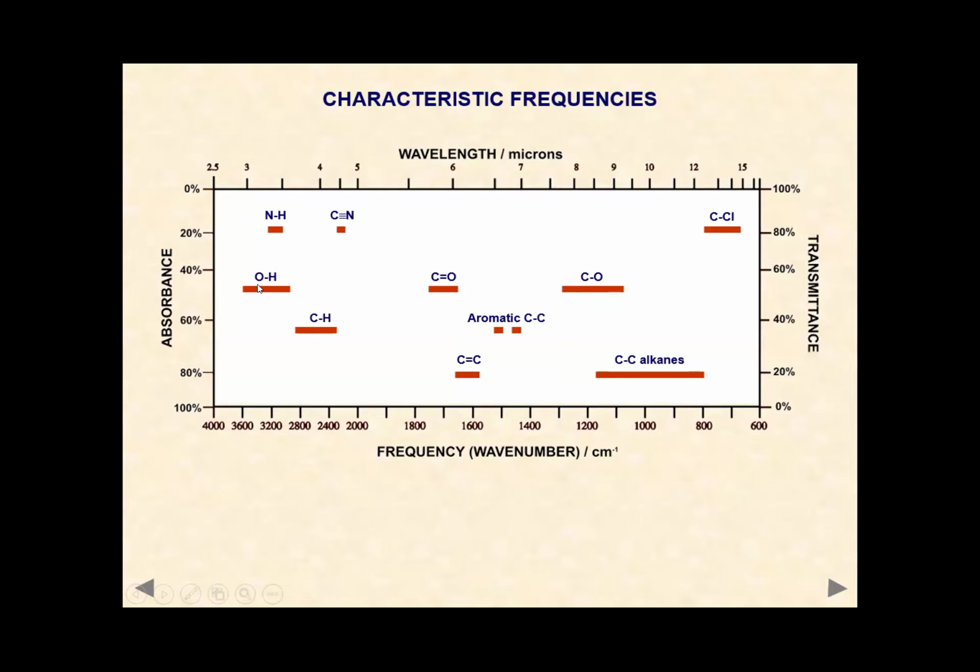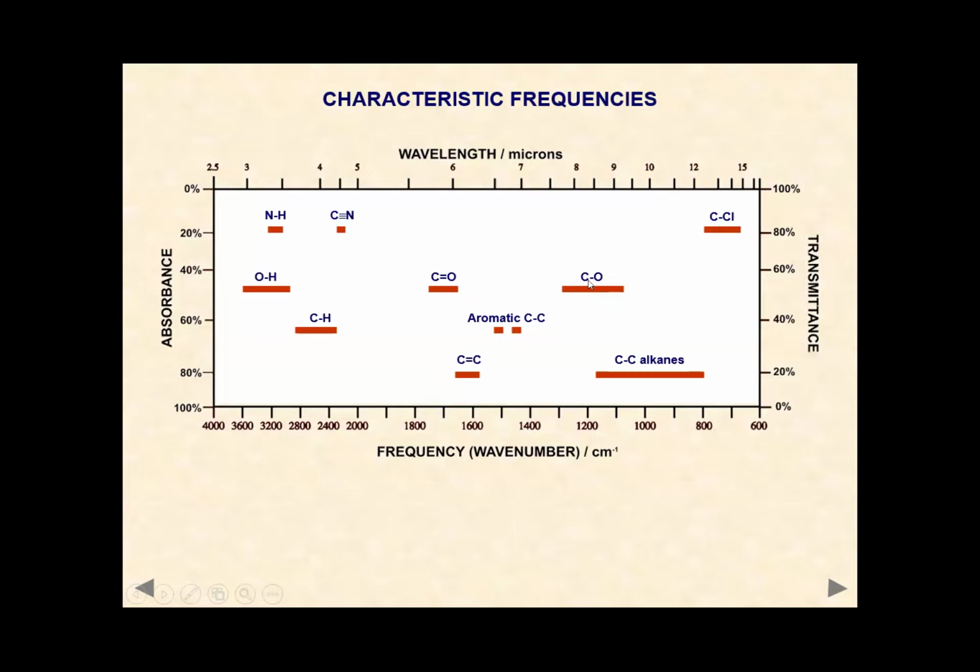If you have OH, that would be from 3000 to 3600. If you have a C=O, we have already discussed it. It's around 1750 to 1770. If we have a C=C, it would be from 1590 to 1690. If you have aromatic carbon-carbon, then it would be around 1400 to 1500.